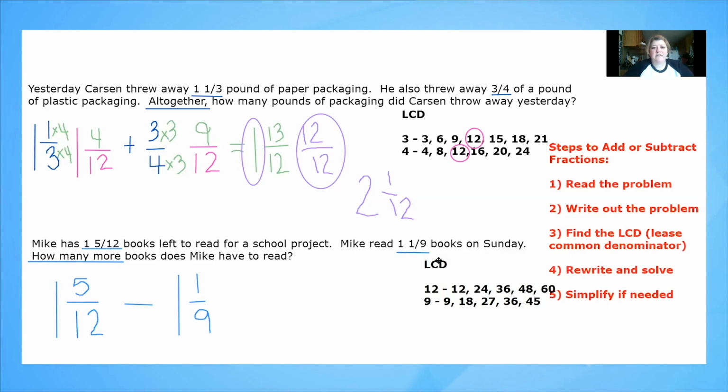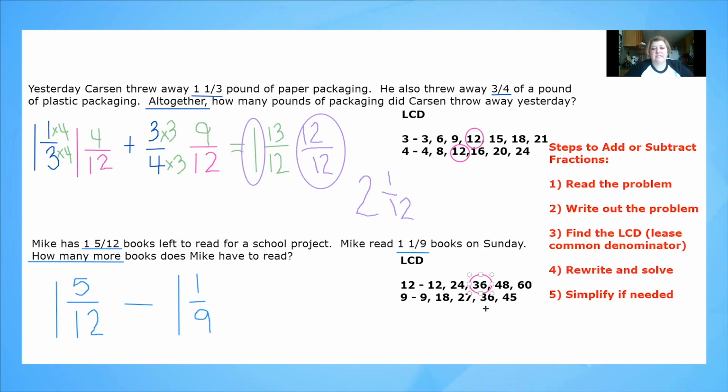So now we have a list of our multiples. Now we need to find which one they have in common. What is the smallest one they have in common? Since 12 is our bigger number, we're going to start with the 12. Do we have a 12 in this row? No. Do we have a 24? No. Do we have a 36? Yes, we do have a 36.